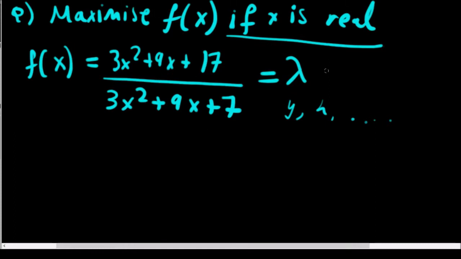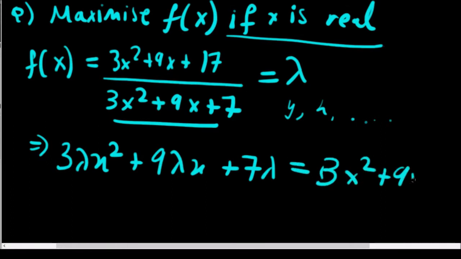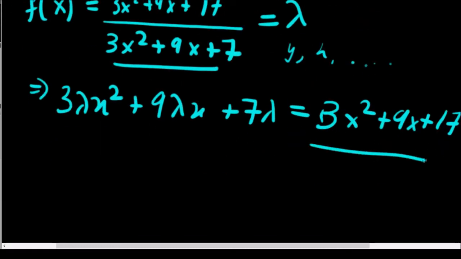And so now I'm going to rearrange this equation. I'm going to bring this thing to that side with lambda. So this will become 3 lambda x square plus 9 lambda x plus 7 lambda, and this will be equal to this term right here, which is 3x square plus 9x plus 17. Now I'm going to bring this thing here so that I get 0 on one side.